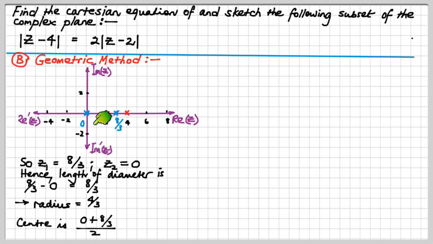They were 8 over 3, and this one here is 0. So the average of those 2 points is going to be the centre point, which is going to be 4 over 3, right? So that gets us exactly the same result as what we got before.